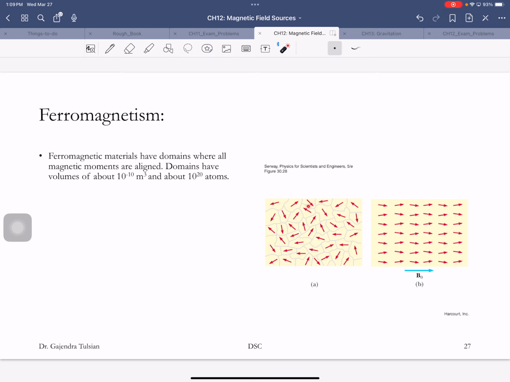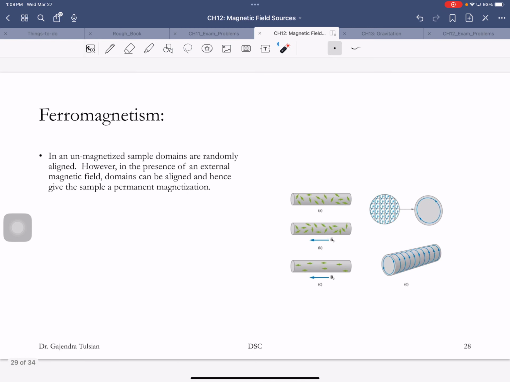If you want to make a strong magnet out of this, what you have to do is align all the domains. How do you align all the domains? You take this material, which has random magnetization, wrap a wire around it and pass a current through it, and that current will produce a magnetic field inside which will align all the magnets.